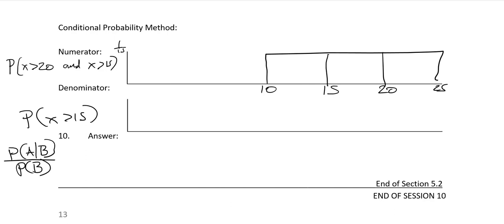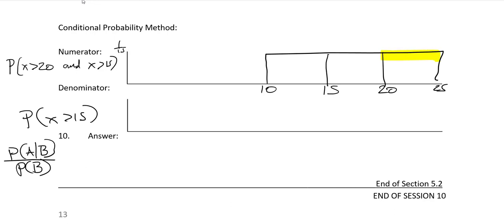Okay, at this moment you may have checked out already because the previous answer made a lot more sense, but this is for my probability heads that want to use the definition of conditional probability, so I'd like to show this here. So my numerator is the probability of x being greater than 20 and x being greater than 15.